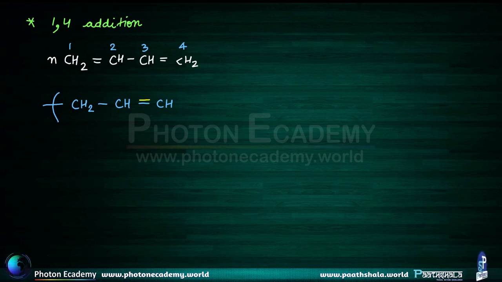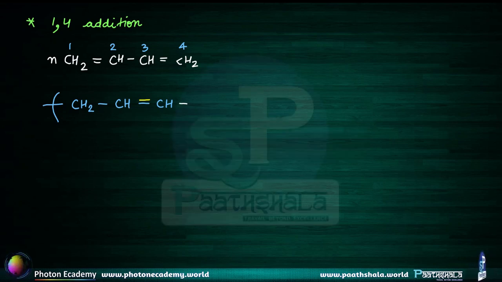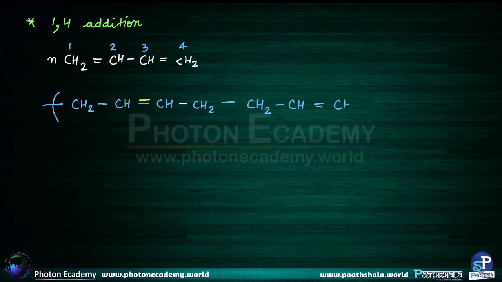Similarly, the double bond between 3 and 4 breaks, and we have only a single bond here accompanied by our CH2, followed by the same unit again. CH2 CH, the double bond appears between the third and the second, and now we have CH again and CH2. So this will be n units of this.